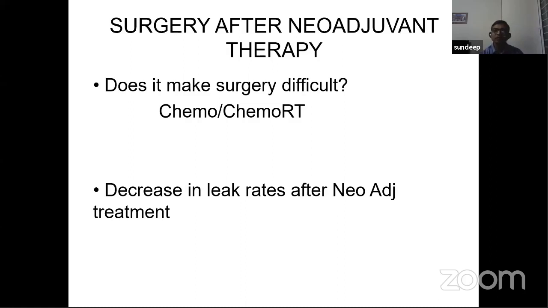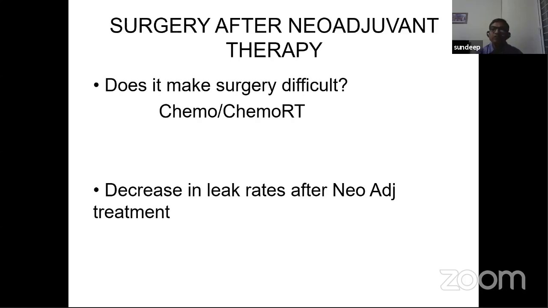But this much I can tell, that we haven't encountered anything significantly more often in these patients than in a normal patient. And one thing I would like to add is that in most of the papers I have read with a comparative arm, where they compared post-operative complication rates in a neoadjuvant group versus a standard Whipple's group, the standard group included Whipple's done for periampullary cancers as well, like ampullary, duodenal, and bile duct cancers.